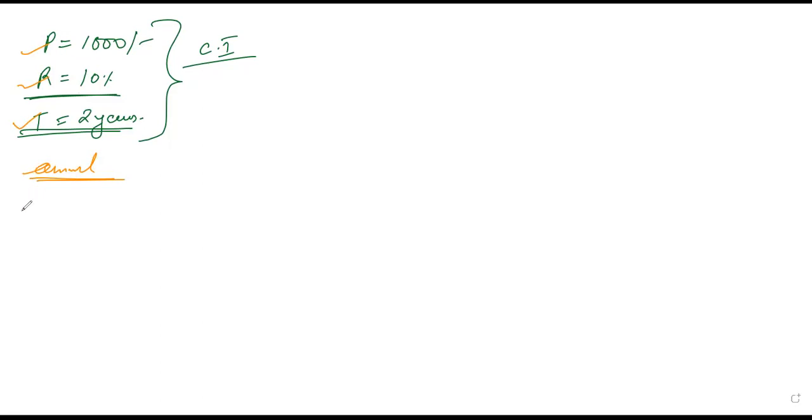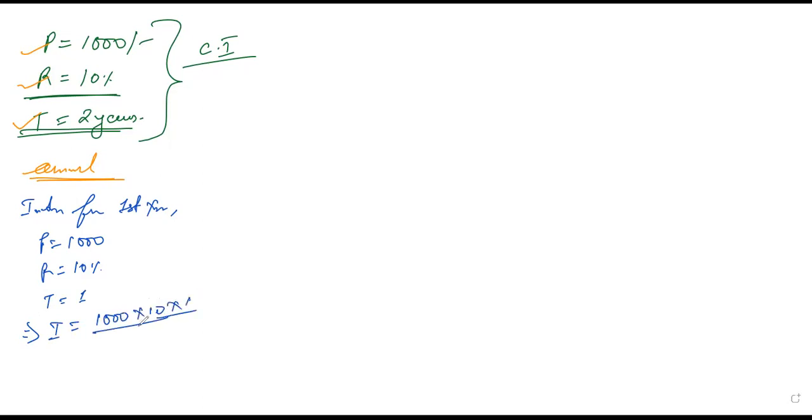Such as, for example, if you are going to calculate the interest for the first year, then the principal would be 1,000. The rate of interest would be 10%, and the time would be taken as 1 year. So the interest will be equal to 1,000 into 10 into 1 by 100.